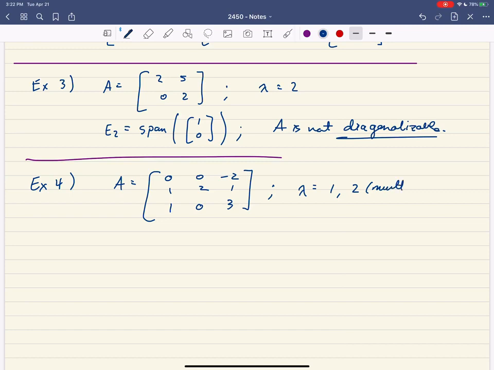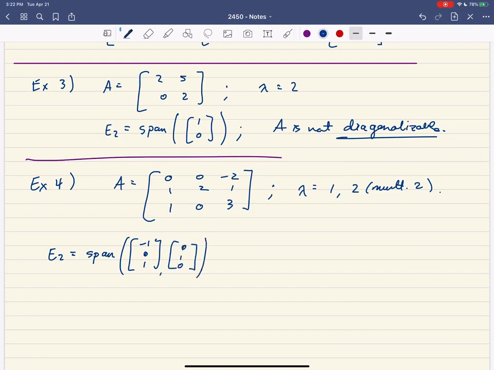2 was an eigenvalue of multiplicity 2. And remember that E2, the eigenspace E2, was spanned by the vectors -1, 0, 1 and 0, 1, 0.